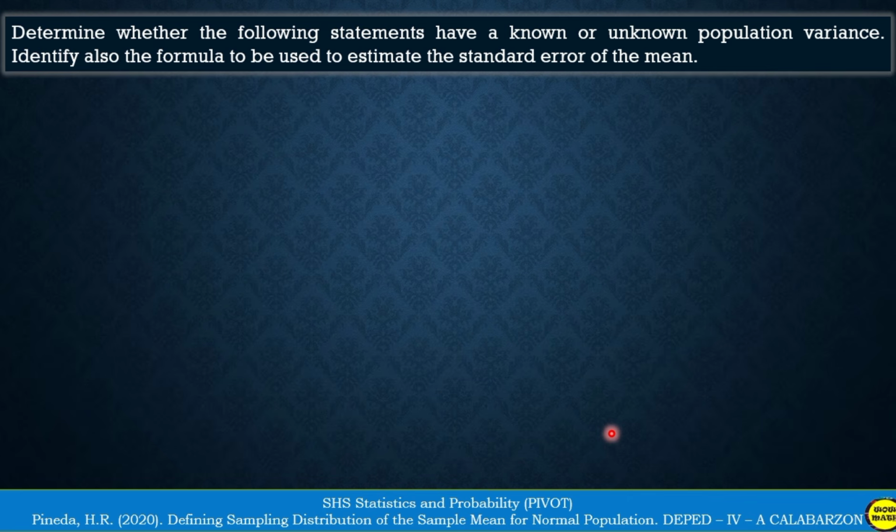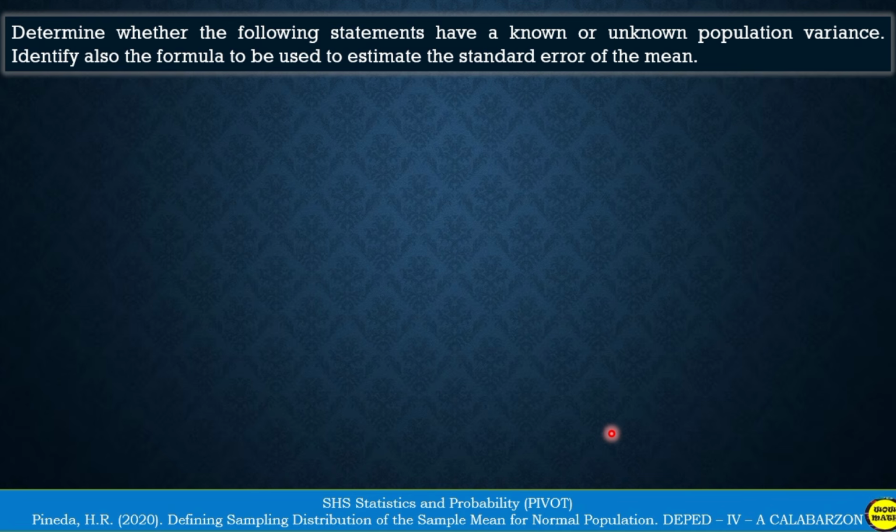For example, determine whether the following statements have a known or unknown population variance. I will show some situations, and we will determine whether the population variance is given or not.